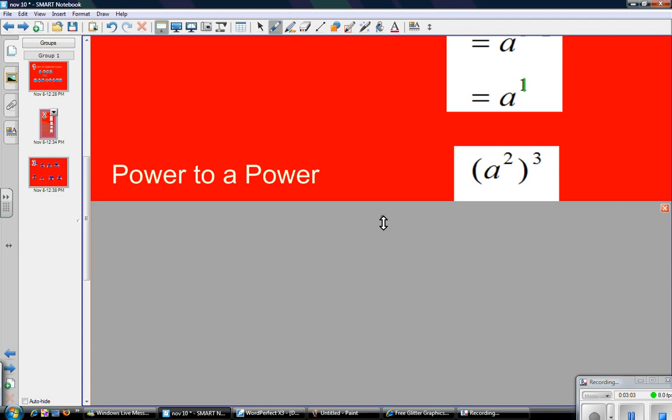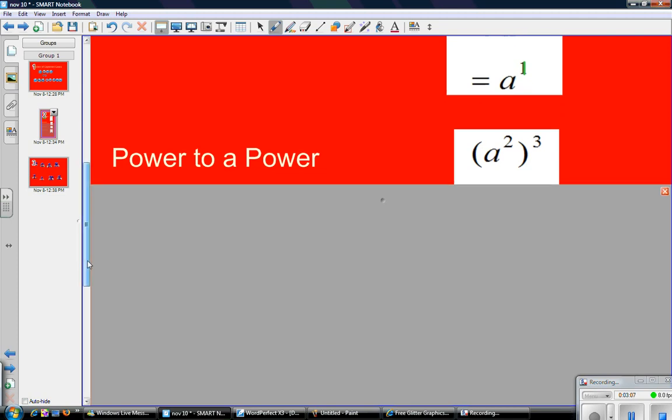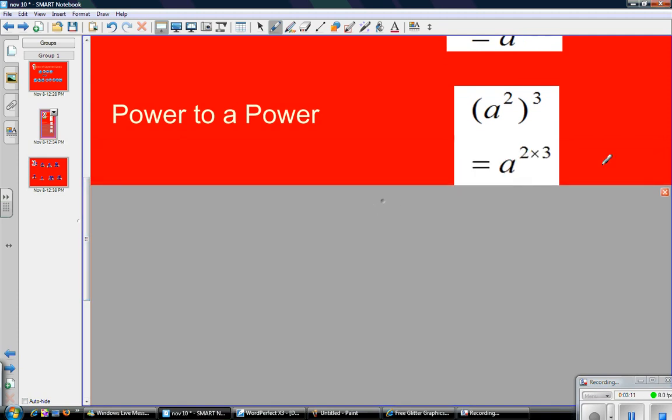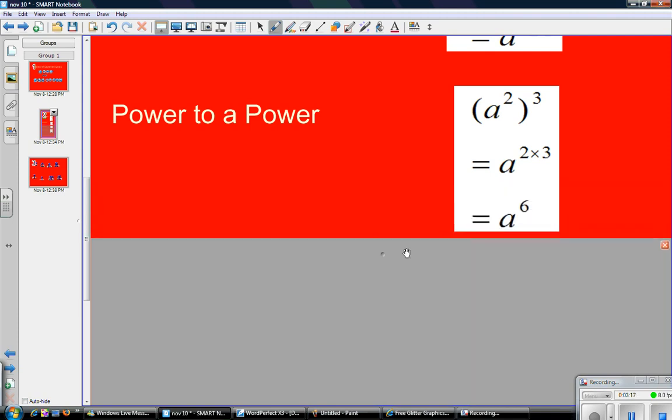Now if you really wanted to, I suppose you could do that, but that would take a fair amount of time. So we know that we actually multiply the exponents. So we end up with 2 times 3, which gives a to the 6th. So when we have a power to a power, we multiply.